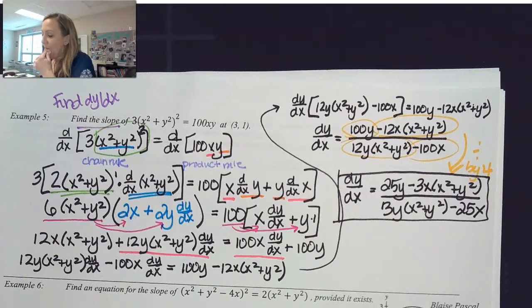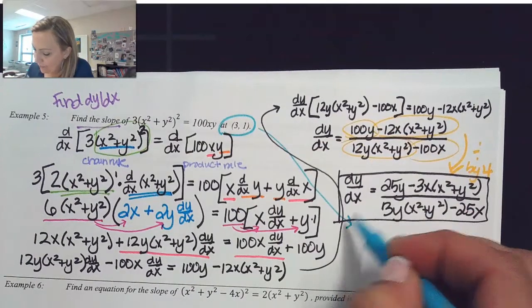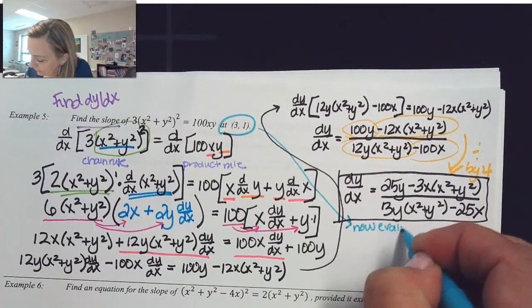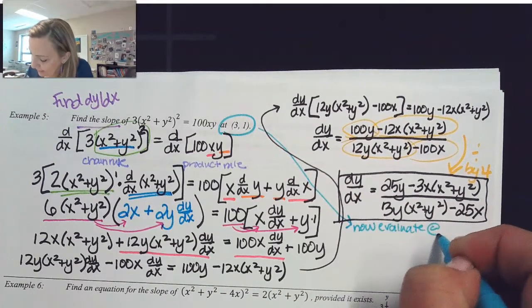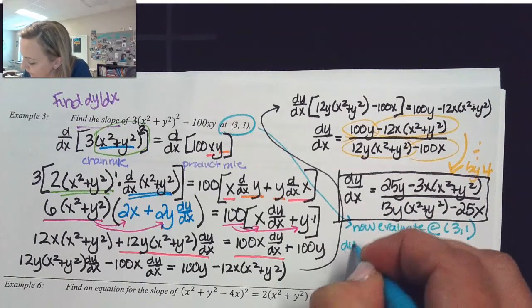All right. They did, however, ask us to evaluate at a specific point. It did ask us to evaluate at 3, 1. So now we're going to evaluate at the point 3, 1. So then we just put those values in.